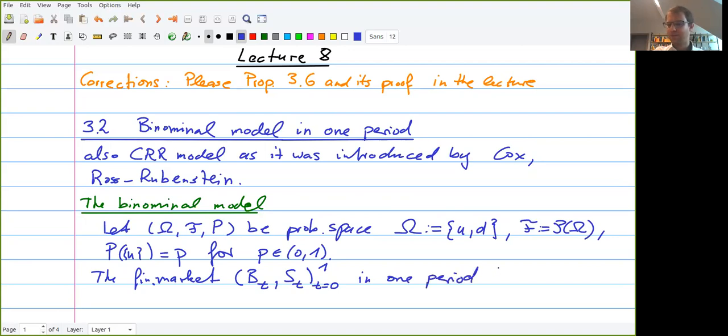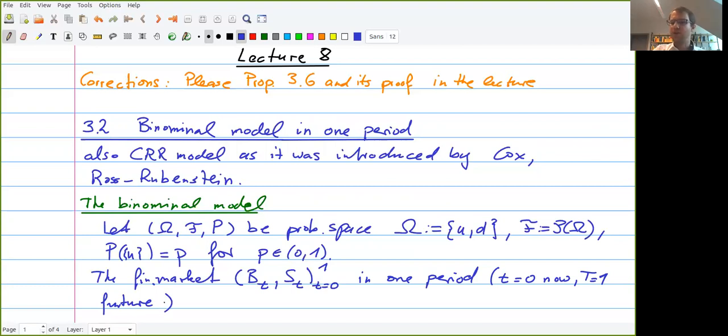And what we will think of, just to clarify it, is that time 0 is currently where we are, and the terminal time equal to 1 is somehow the future. So this is the idea.